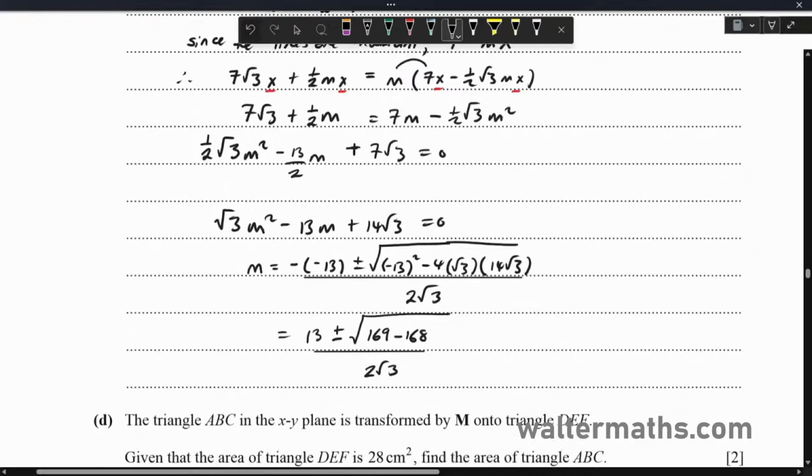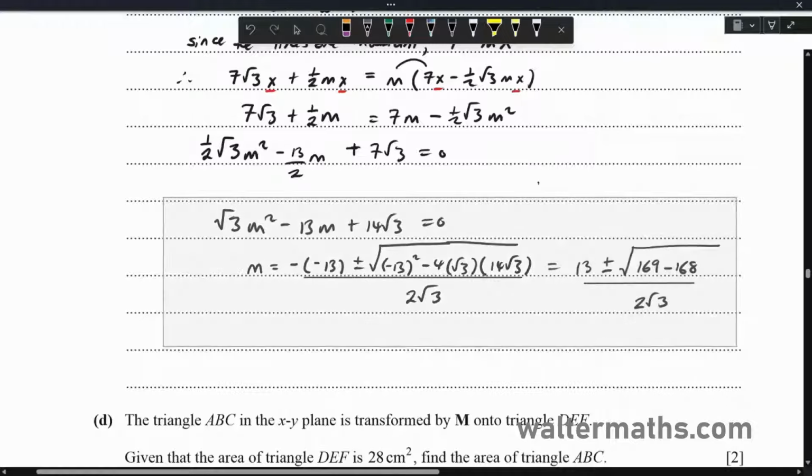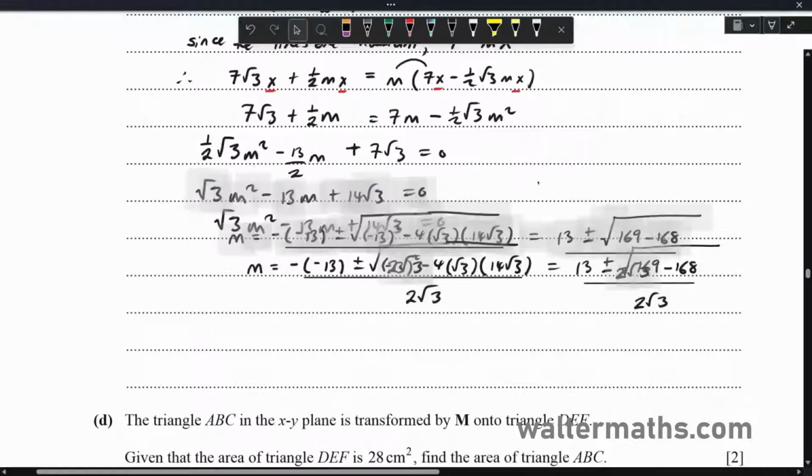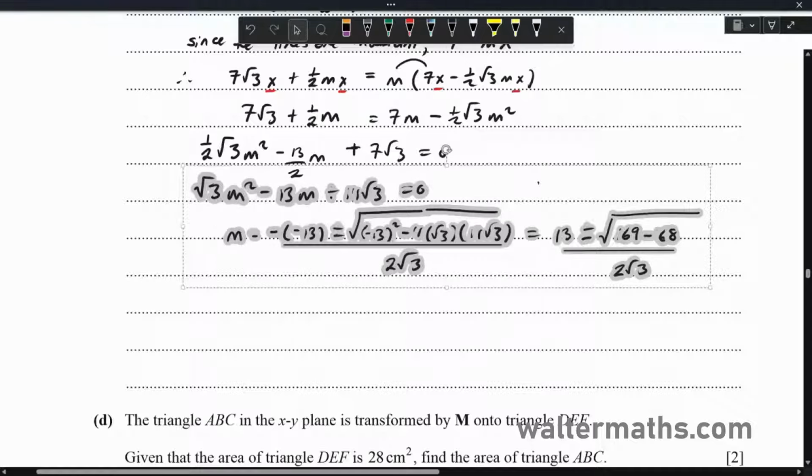Let me make use of the space here. So I'll move this up a little, just one line upwards.